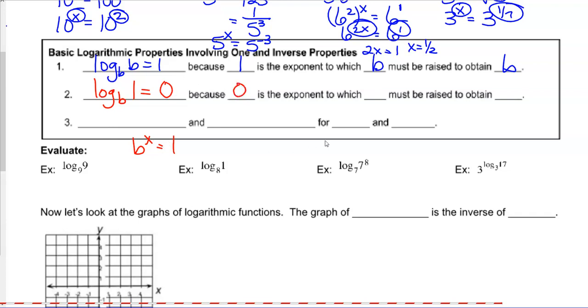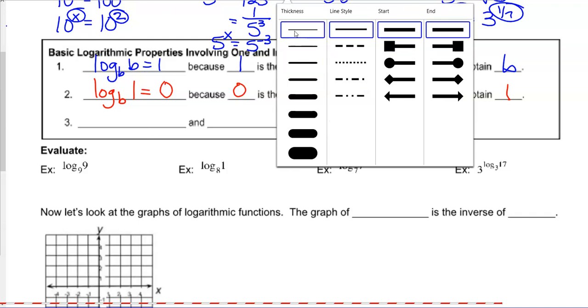Because 0 is the exponent to which b must be raised to obtain 1. Okay? All right. Now, again, you can get this to come out and work them through, but if you know these properties, they go pretty quickly.